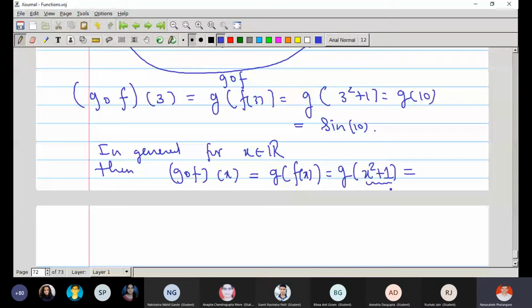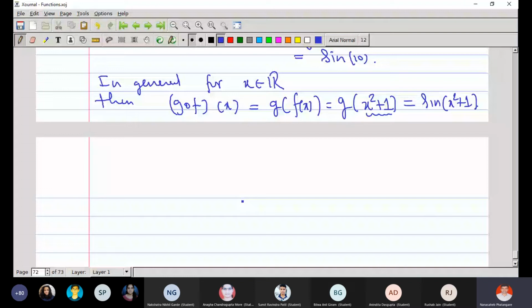X square plus 1 is some number which is in the domain of G, whatever it may be. But apply G on this number, it is sine of this number, which is x square plus 1. Correct? So this is a composition. That means how do we define composition? So order is important. G composite f means first action of f, which is x square plus 1, and then on that the action of g. Correct? So fine.